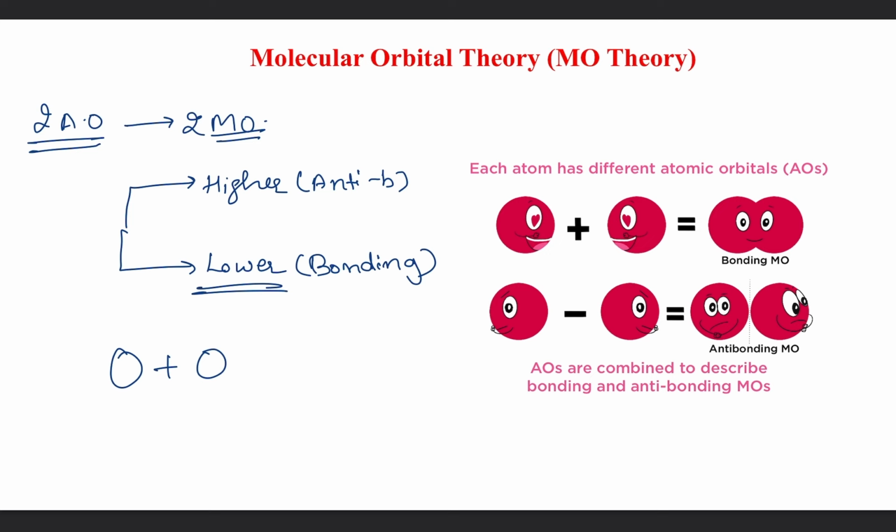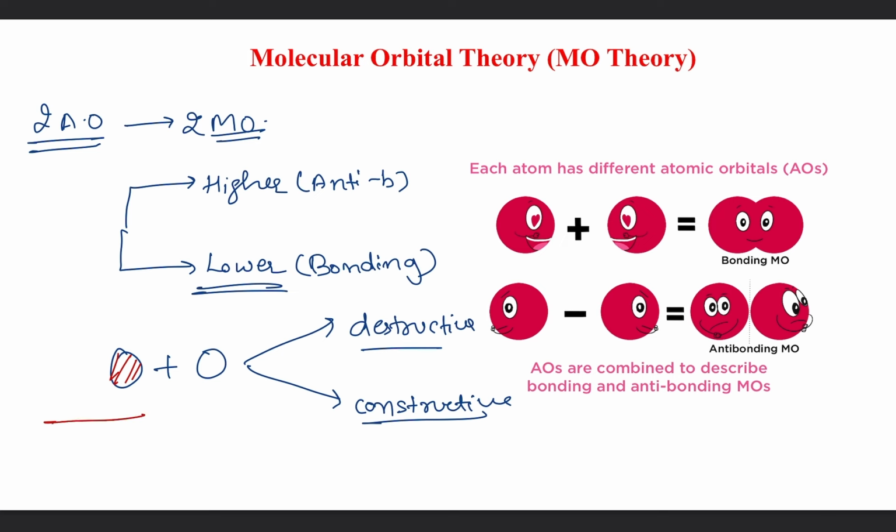When the two atomic orbitals come together, they may overlap either constructively or in a destructive manner. A constructive manner is like this: one atomic orbital is represented by a wave function, and the other I am also representing as a wave function.